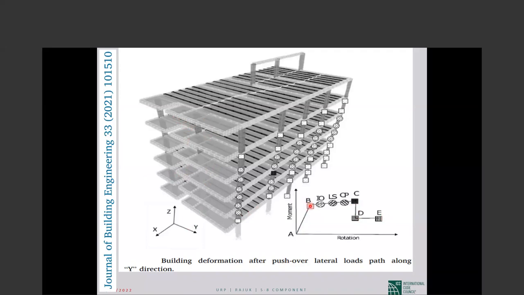If force control elements reach the extent, it is gone from our point of view.